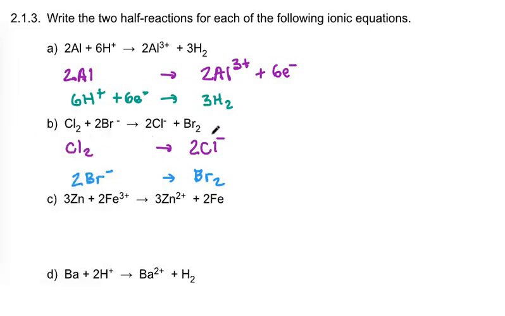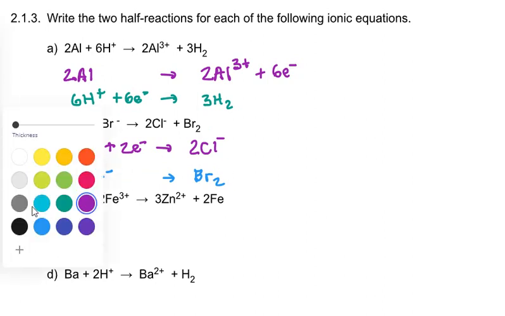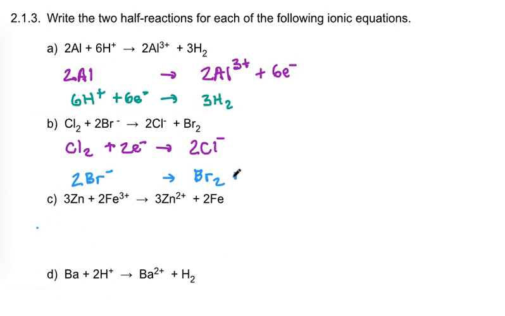Here we have a total of minus 2 charge. So this balances if we add minus 2 charge to the left. And in the bromine, we have negative 2 charge on the left, but 0 on the right. So the right side is the higher one. It needs 2 electrons. Those are our two half reactions.